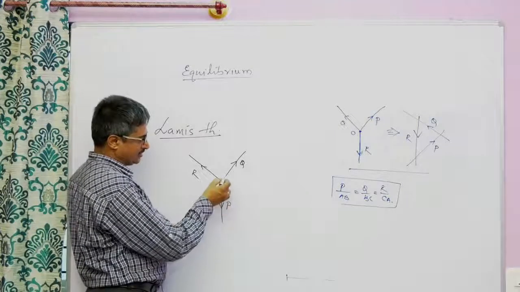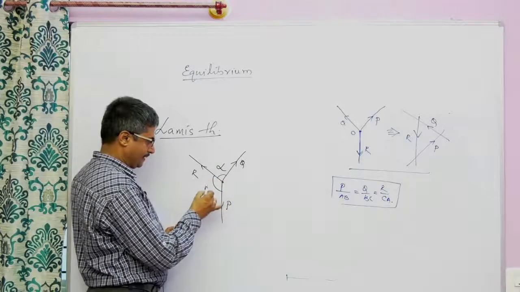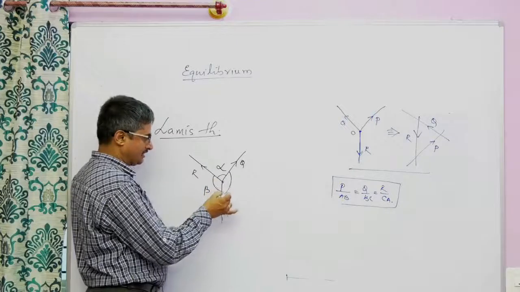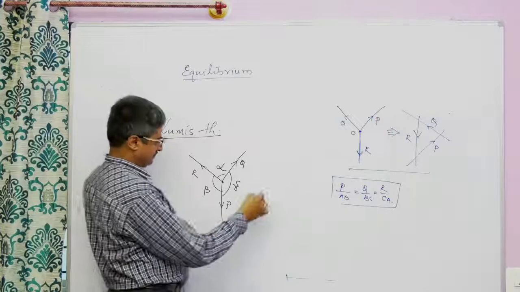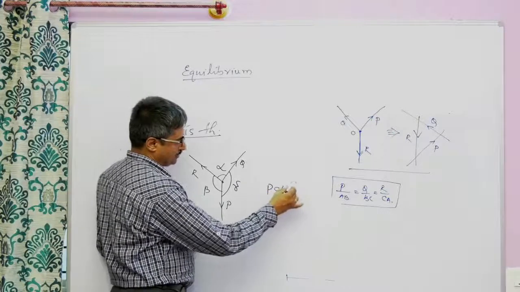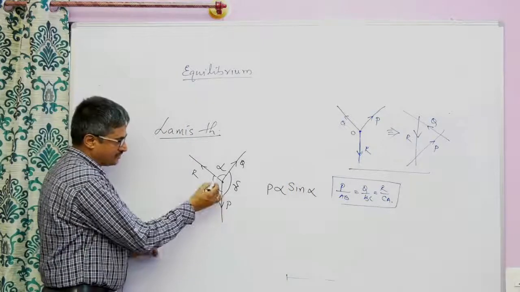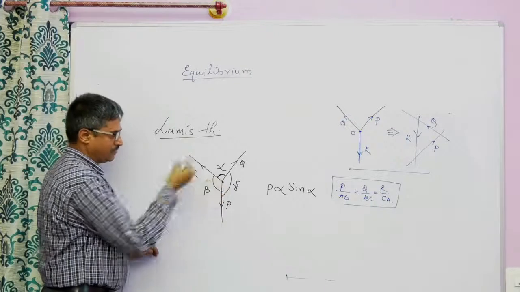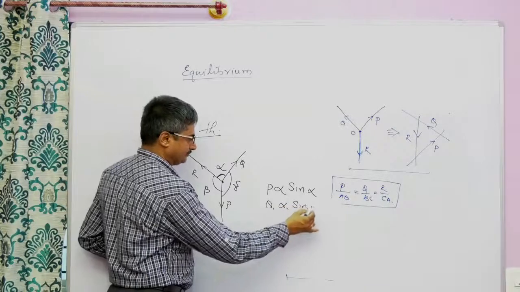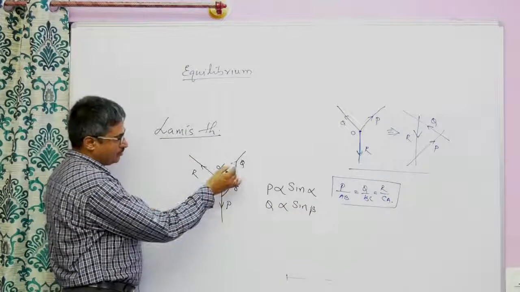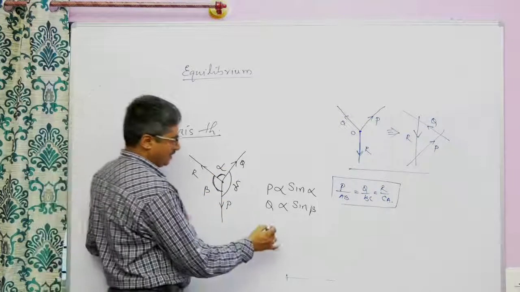See, the angle opposite to P is alpha, angle opposite to Q is beta, and angle opposite to R is gamma. Then this theorem states that P is proportional to sine alpha, the force being proportional to the sine of the angle between the other two. Q is proportional to sine beta.